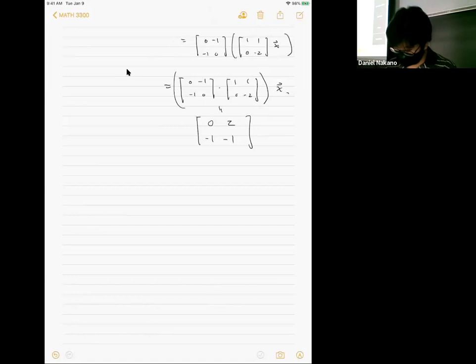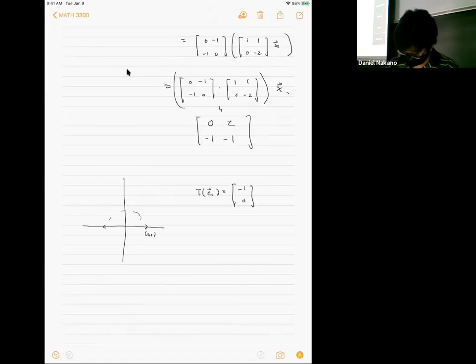Yes, let me just do it over here. So you're going to rotate it 180 degrees. So this vector here goes to -1, 0.